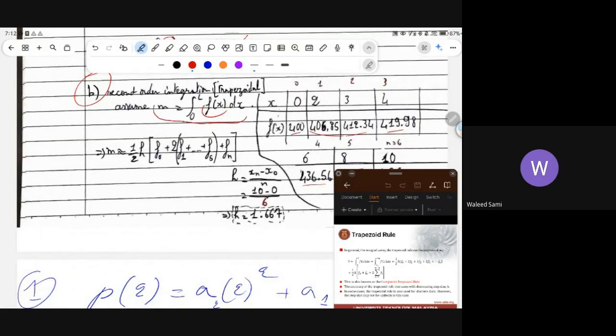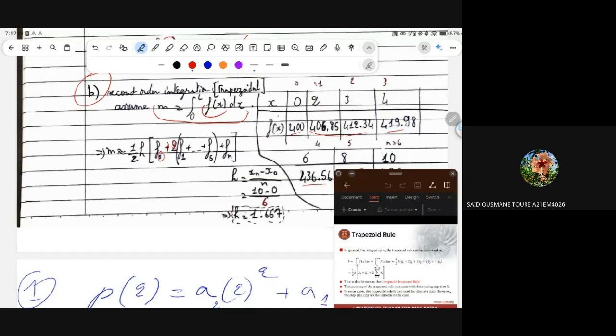This is the rectangular rule, and this is trapezoidal. The integral I equals 1 over 2h times f(x1) plus f(x2). This is the form: 1 over 2h times f0 plus 2 times f of all the x in between.